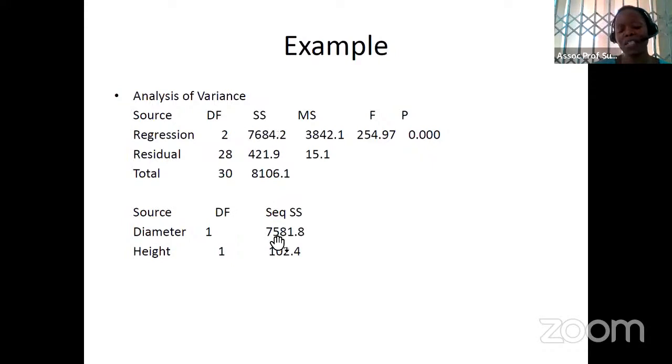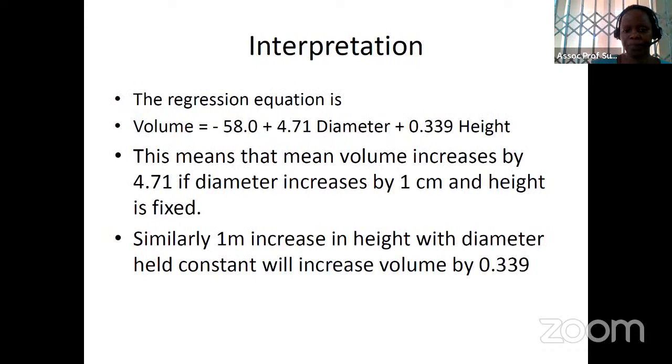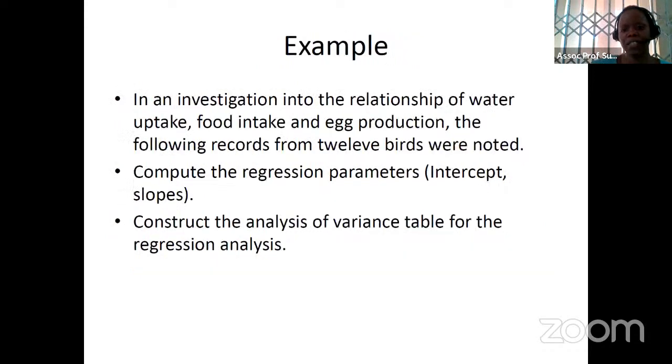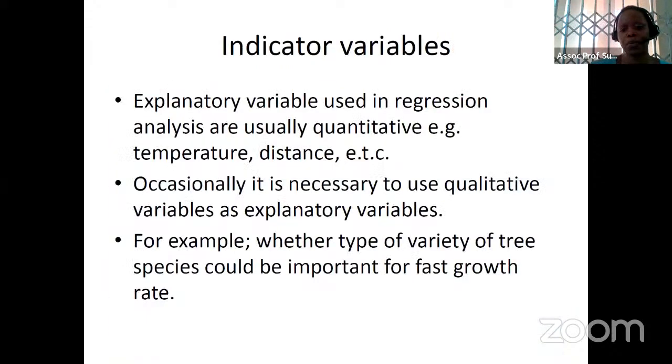So how much variability has been explained by diameter in volume. So you see that diameter explains most of the variability in volume, and height explains only 102.4. Okay. So we've seen this, and there's also an example.